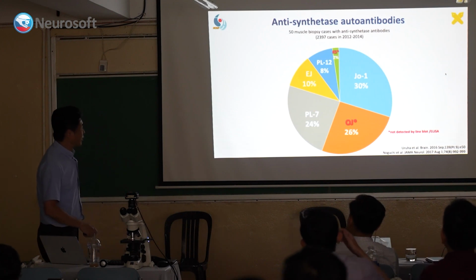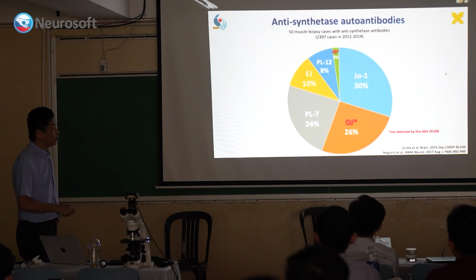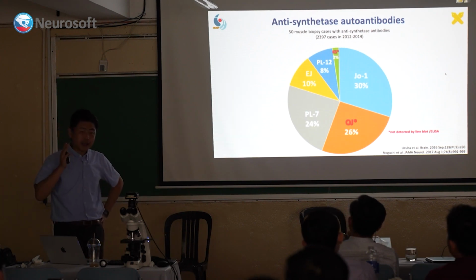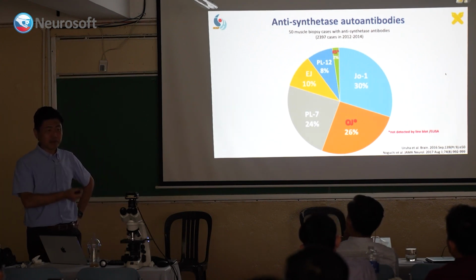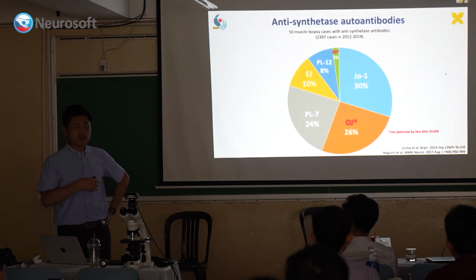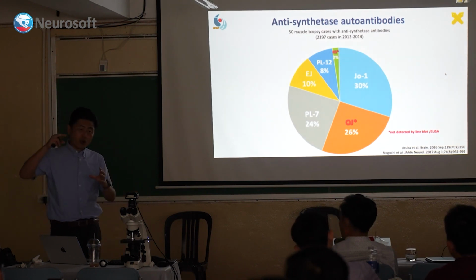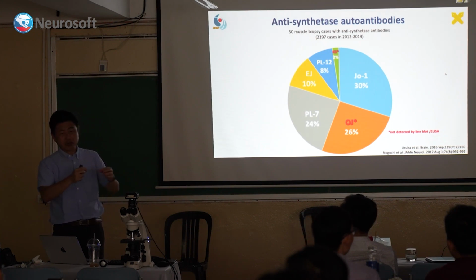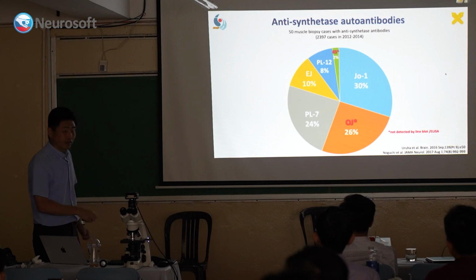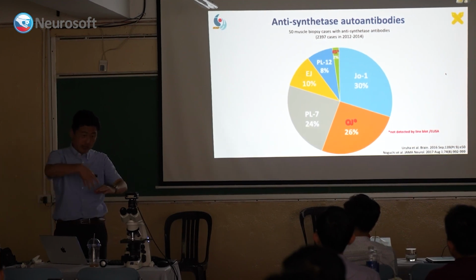Then in our cohort, JO1 is the most frequent, but OJ is the second most common. And again, OJ is very tricky. If you submit your sample to Euroline or whatever, OJ will never be positive, practically speaking, because OJ recognizes a very complicated structure, not the amino acid sequence, but line blot uses just a simple amino acid sequence as the antigen.